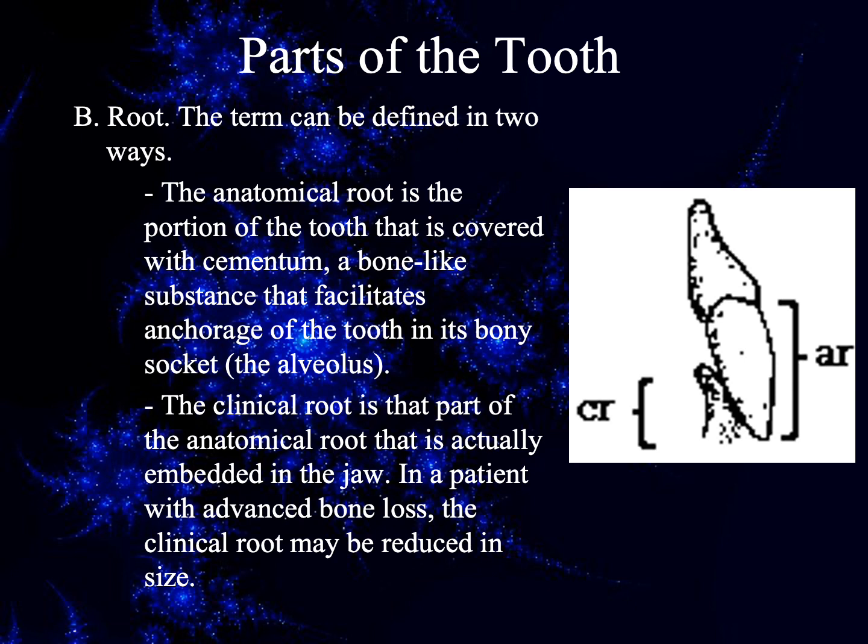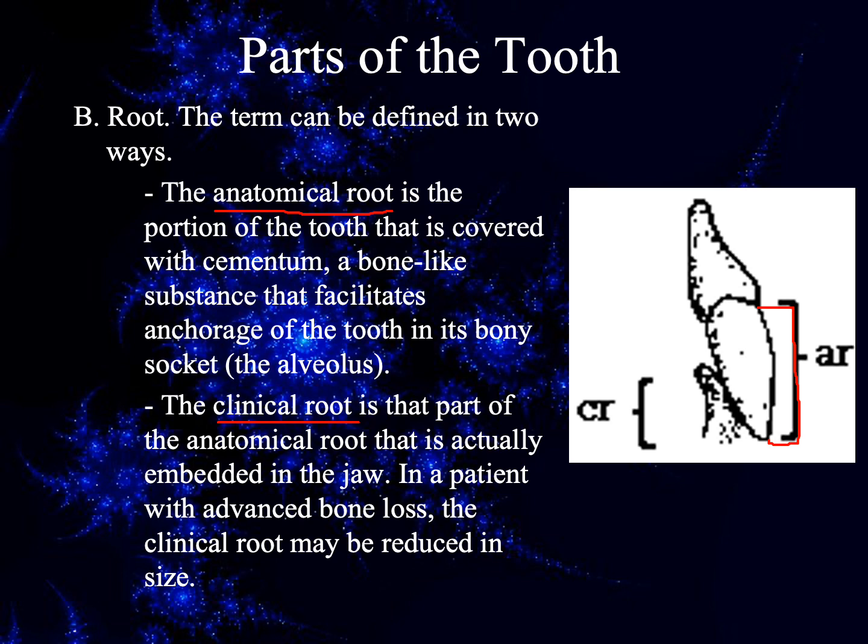The root can also be defined in two ways: the anatomical root and the clinical root. The anatomical root is the portion of the root that is covered with cementum, which means from the cervical line to the apex of the root. The clinical root is the part of the anatomical root that is actually embedded in the jaw.